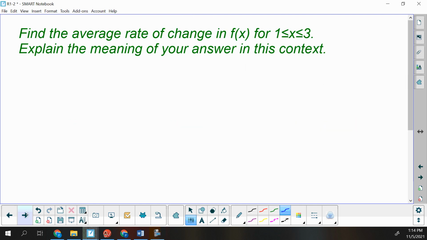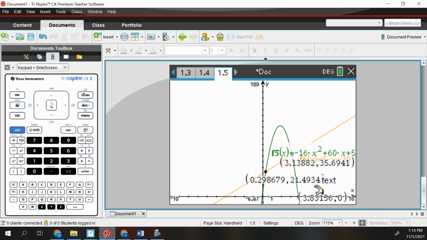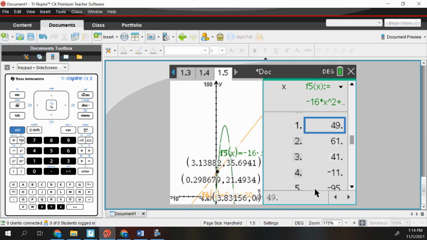So last one for this video, we're going to find the average rate of change from 1 to 3 for f of x. So we're going to have 1 comma something and 3 comma something. When average rate of change is in a problem, you want to think slope. There's almost always one of these on the Regents. So remember f of x, that's our parabola. Let's go over here and go to our table by doing a control T. Notice 1 is at 49 and 3 is at 41.